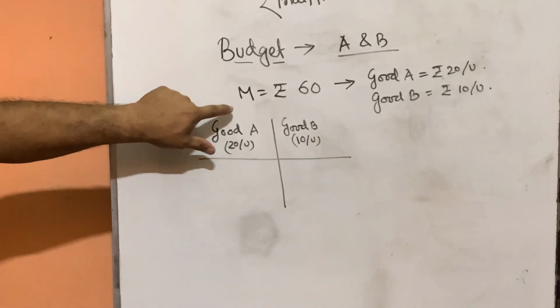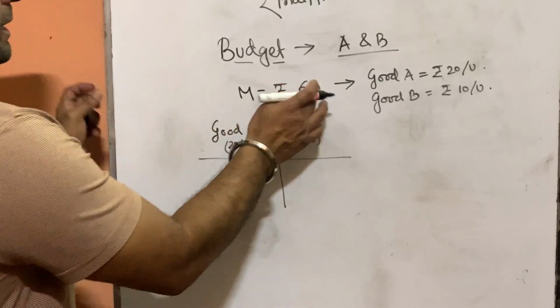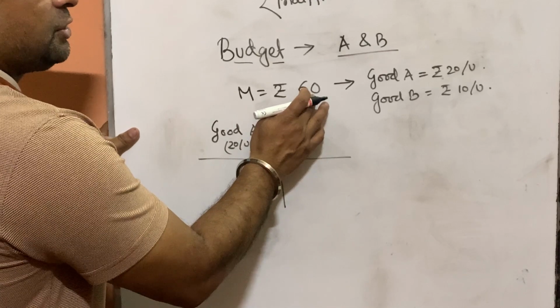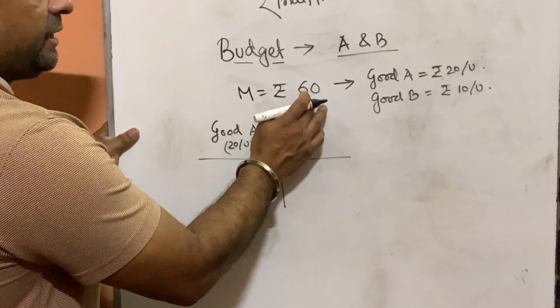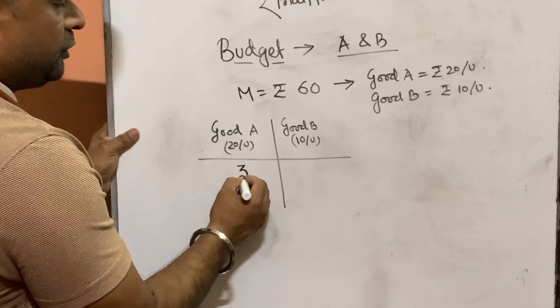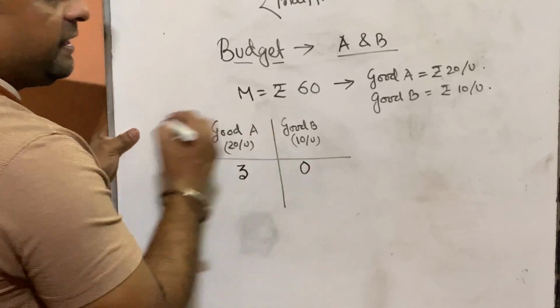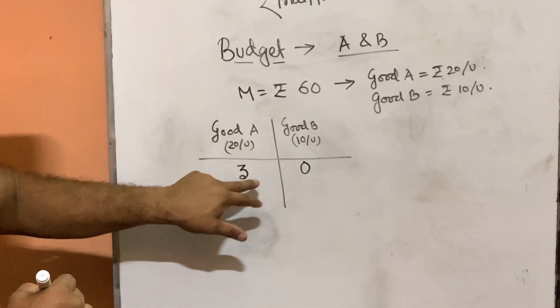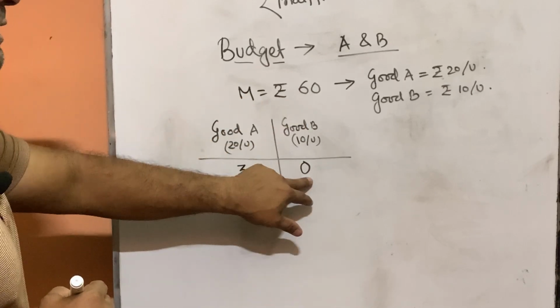Now if he spends the whole money on good A, the price of good A is 20 rupees and the budget is 60 rupees, so 60 divided by 20 means 3 units. He can consume 3 units of good A, but cannot consume good B because all the money is spent on good A. So 3 units of A, and good B is 0.